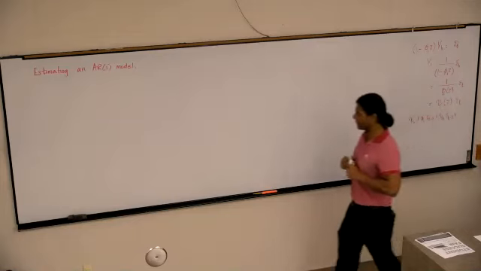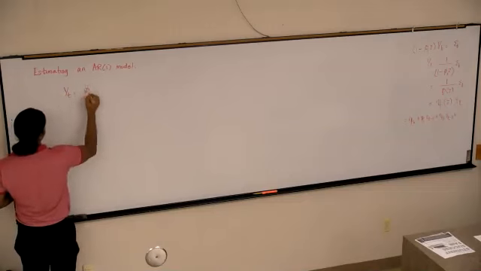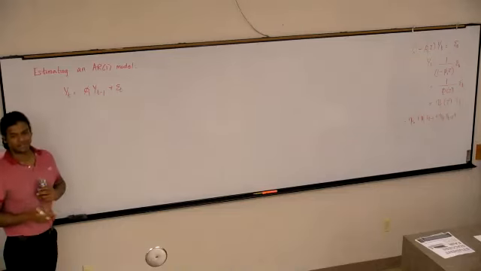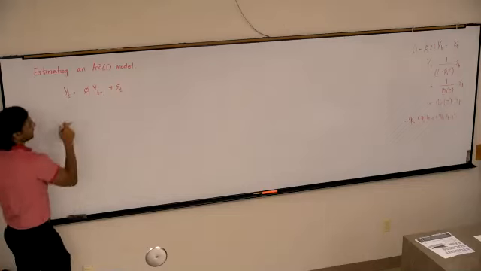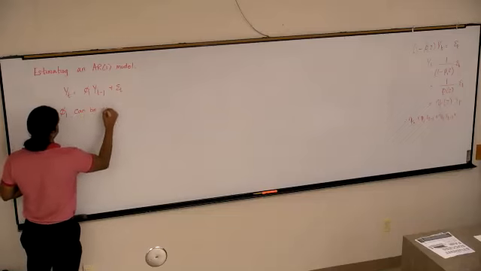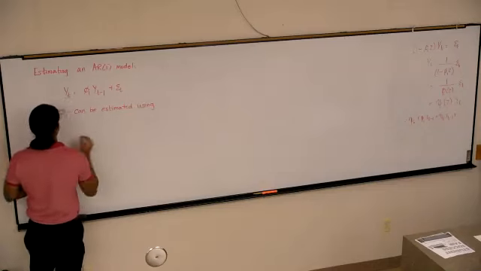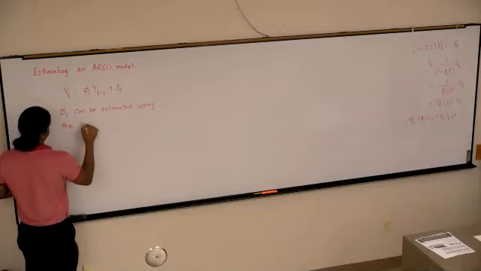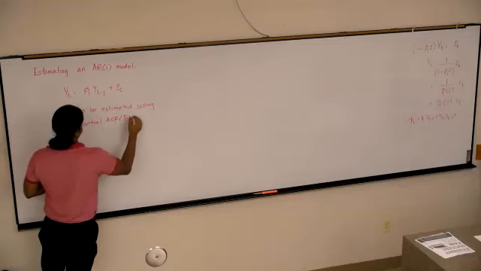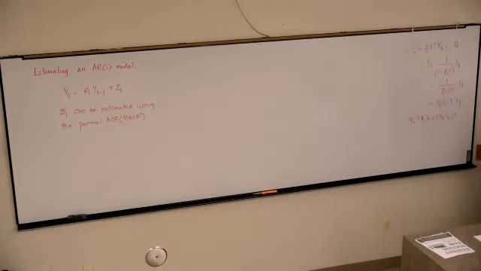We came to a conclusion that if we have y_t equals phi1 y_{t-1} plus epsilon_t, where epsilon_t is our standard Gaussian noise, then we can estimate phi1 using the partial autocorrelation function.